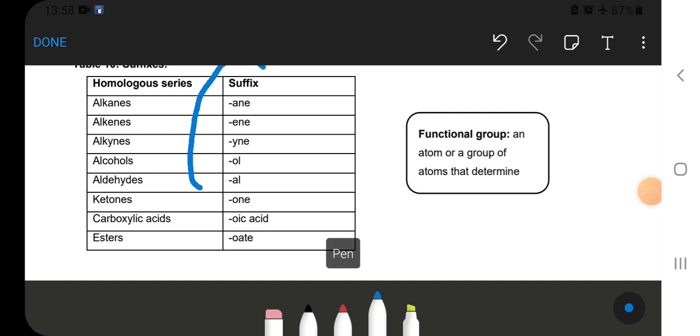So it will start with that based on the number of carbons, and then you look at the functional group, which will tell you what type of homologous series that structure is, and then you will know what it ends with.